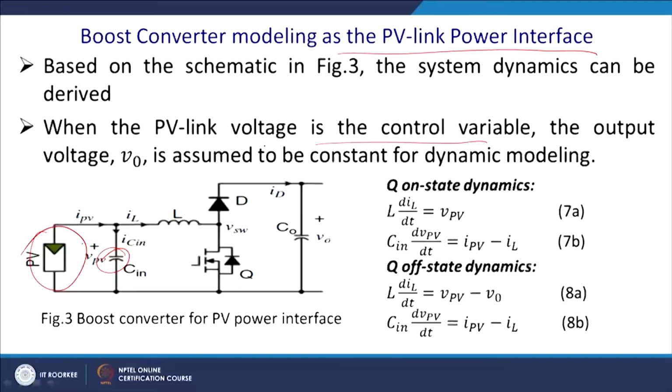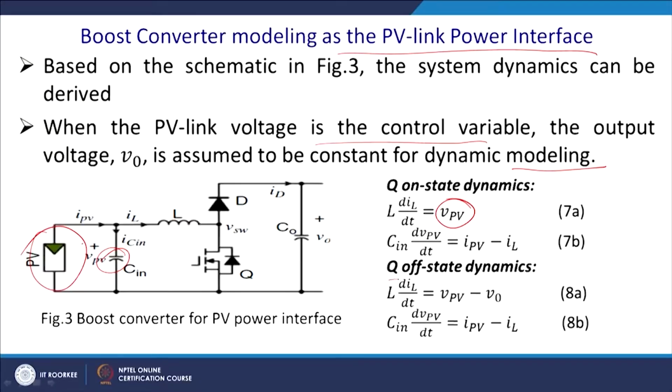When the PV link voltage is the control variable, the output voltage V0 is assumed to be constant for dynamic modeling. In the Q on state, the dynamics are L dIL/dt equals VPV, and CIN dVPV/dt equals IPV minus IL.